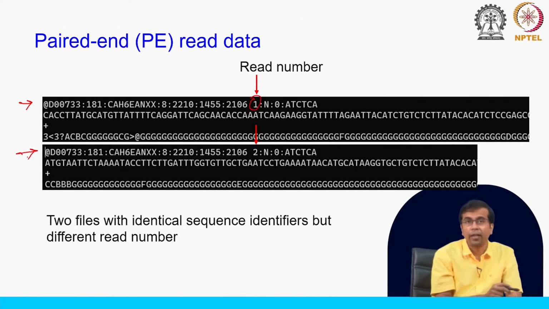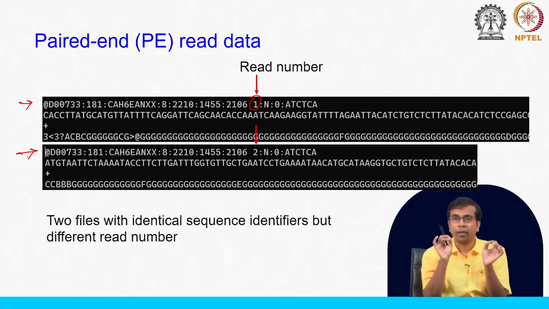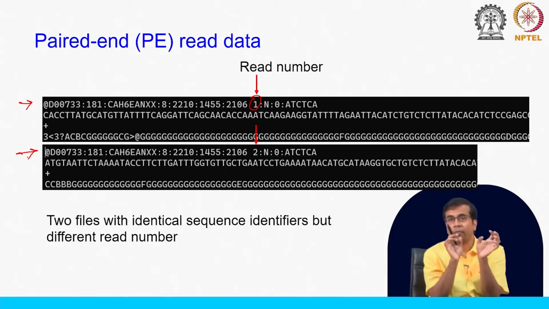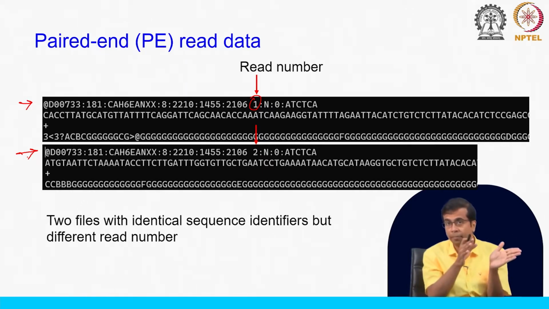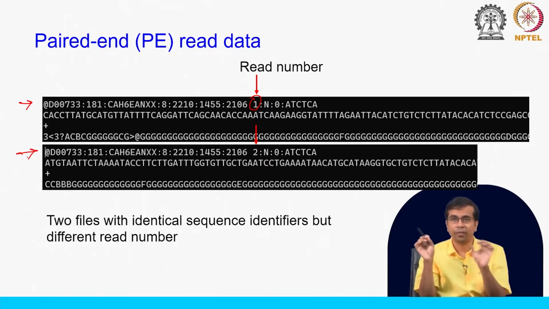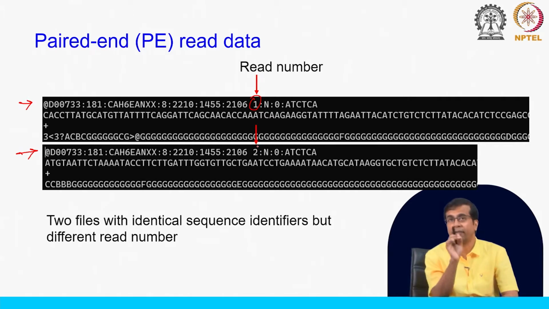Then you have the second one, which comes from a separate file. Remember, you will get to see two files: one with some name read1.fastq and the other with the same name read2.fastq. This read number is reflected in the file name as well as in the header line.